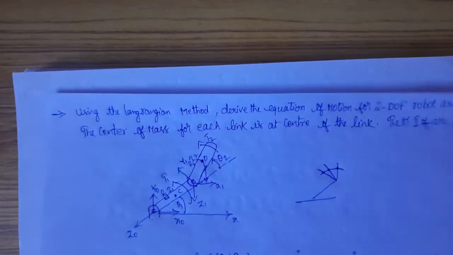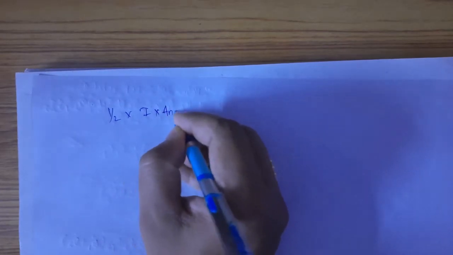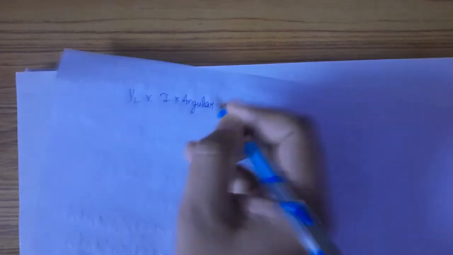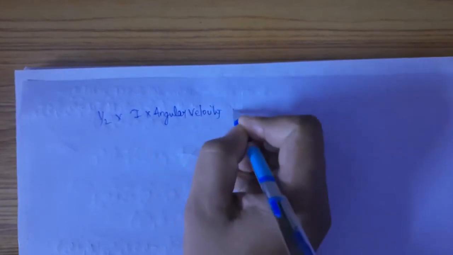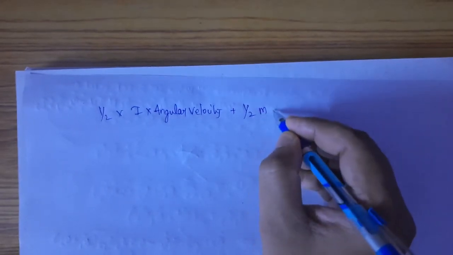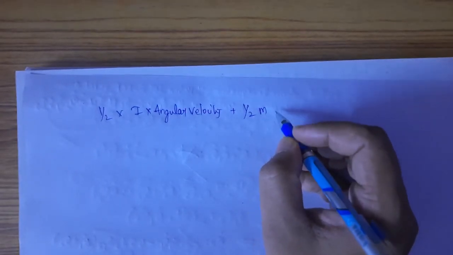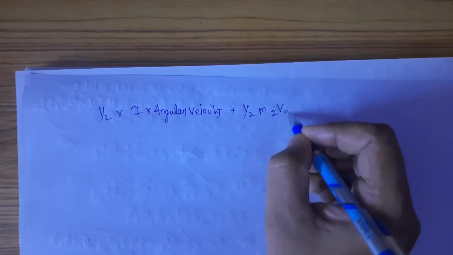So two motions are there. That's why we take half into I into angular velocity squared, plus half into mass into linear velocity squared, m2 v2 square.